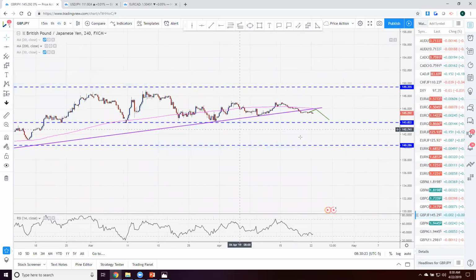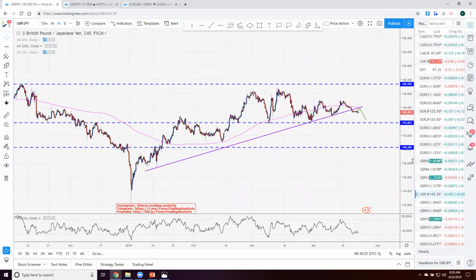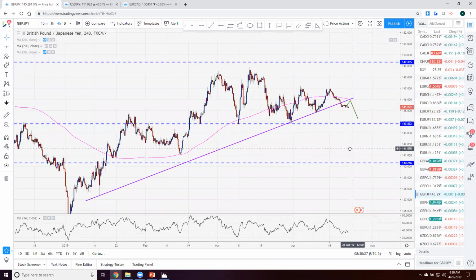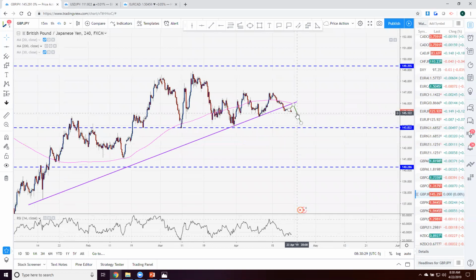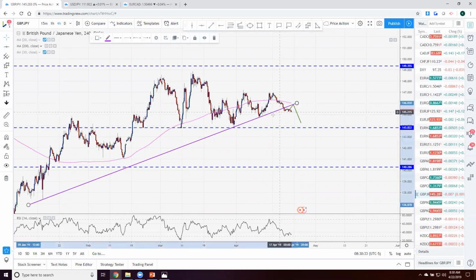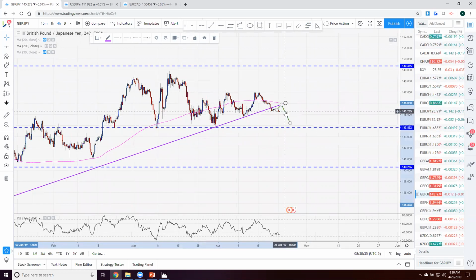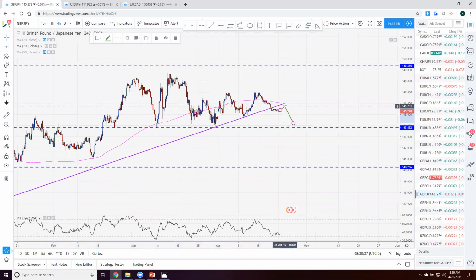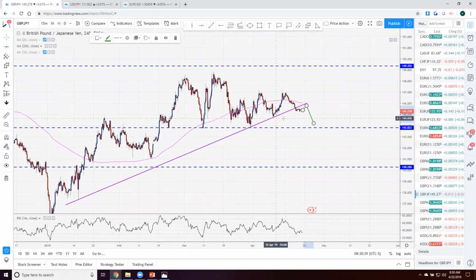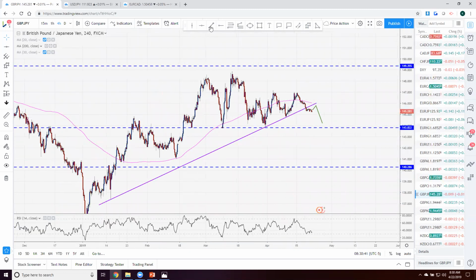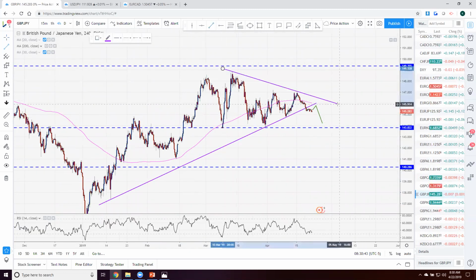Not seeing anything else on the daily. So this trend line, if we're looking at that as a base of a breakout, we've broken below it, so you can see a retest and it moved lower.